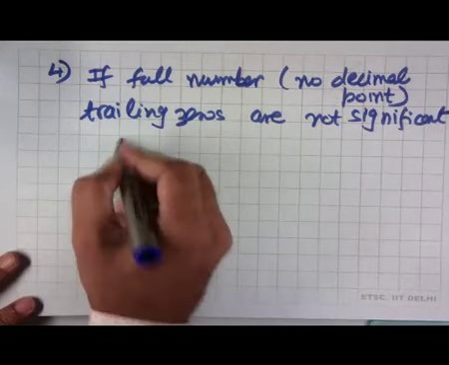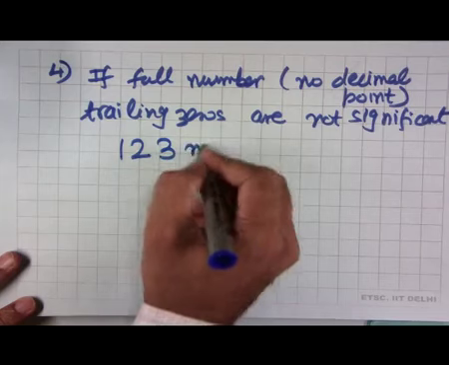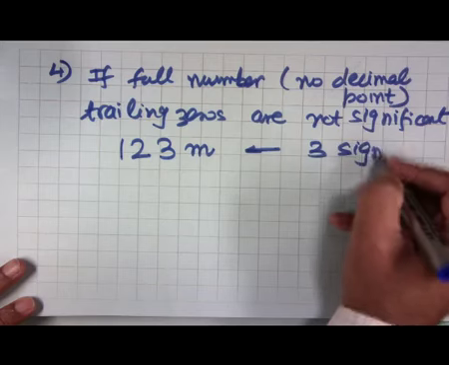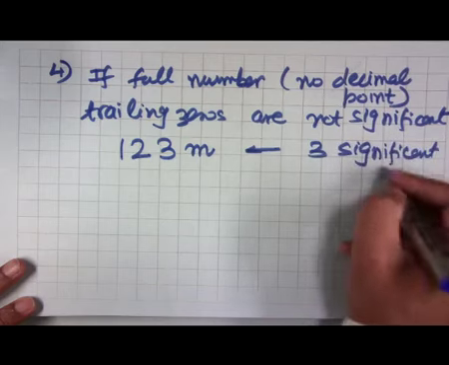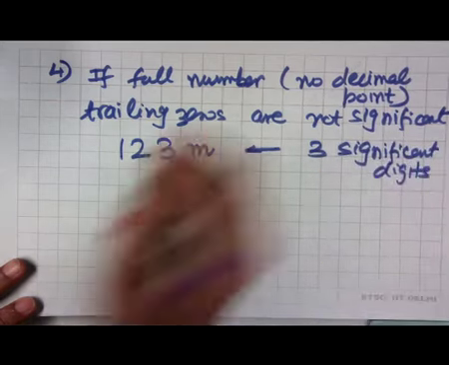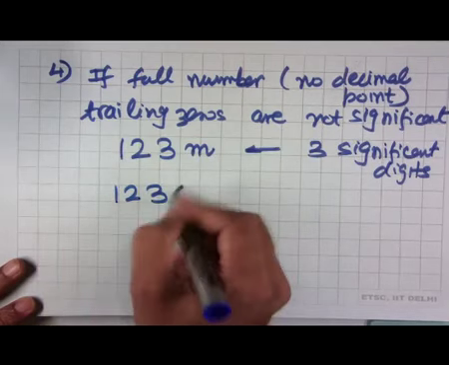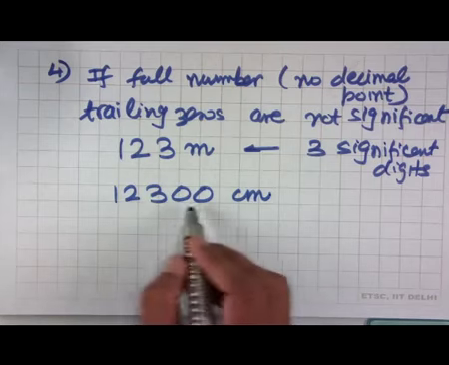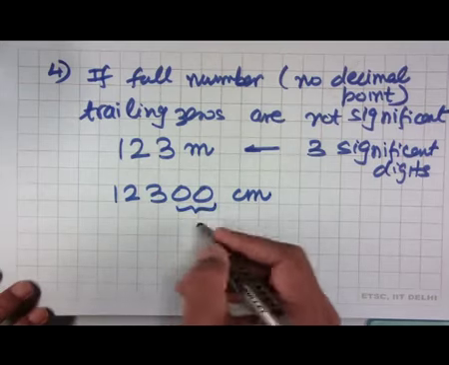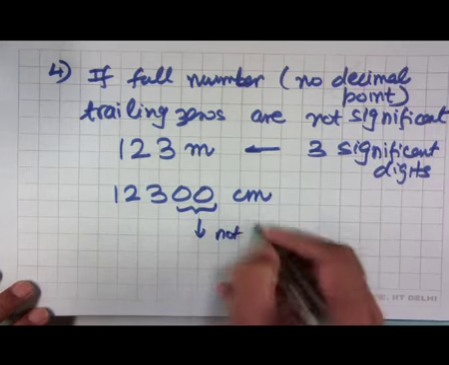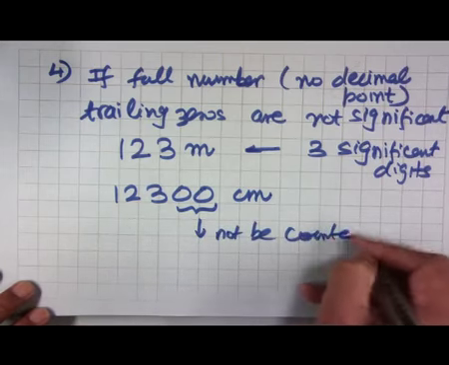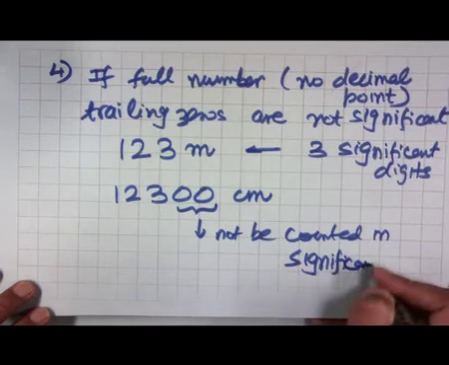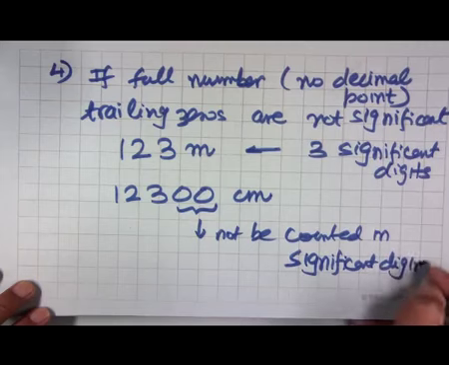Suppose we have a measurement of 123 meters, this has got 3 significant digits. We convert this into centimeters. The same measurement will become 12300 centimeters, and here the last 2 zeros will not be counted in the significant digits, and the number of significant digits will be just 3 as before.